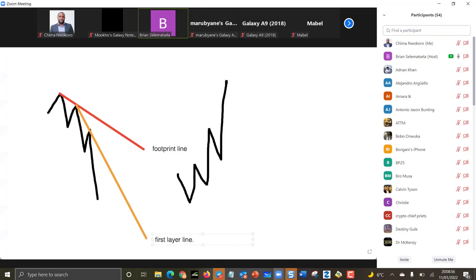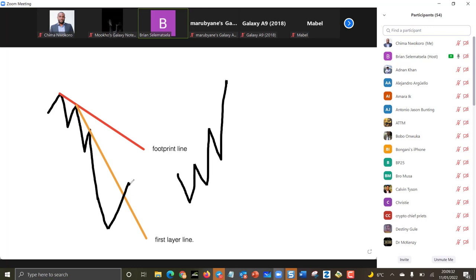And this line helps us to distinguish if the market will continue going down or if the market will break and go in the opposite direction. If it will continue down, it won't even touch this. There's our footprint. But if it is anticipating to go in the opposite direction, you'll see it by it breaking.